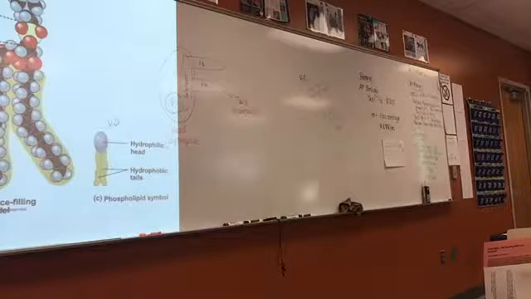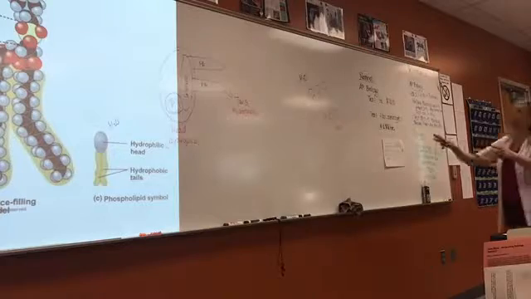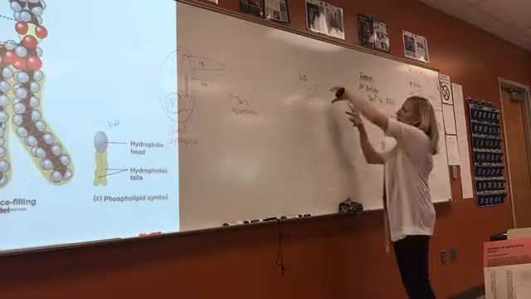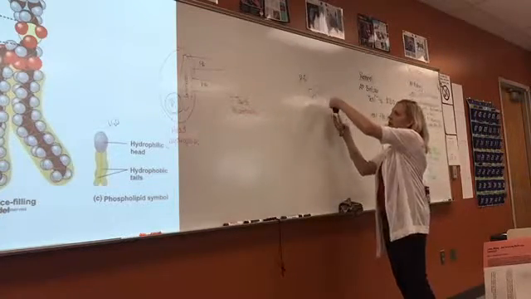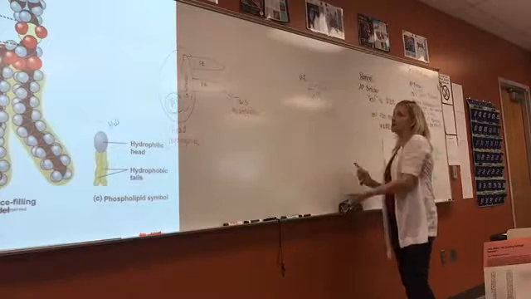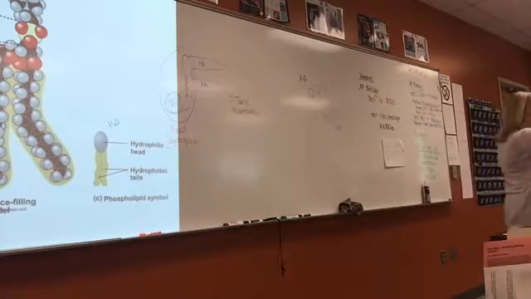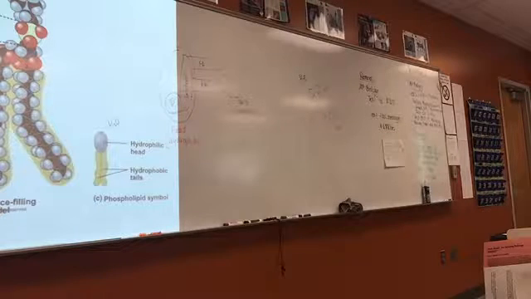Because the heads are attracted to water and the tails are not, the water is more attracted to the heads than the tails, and so the tails are oriented away from the water. So they actually form what's called a bilayer, bi meaning two. And this is the construction of a cell membrane.